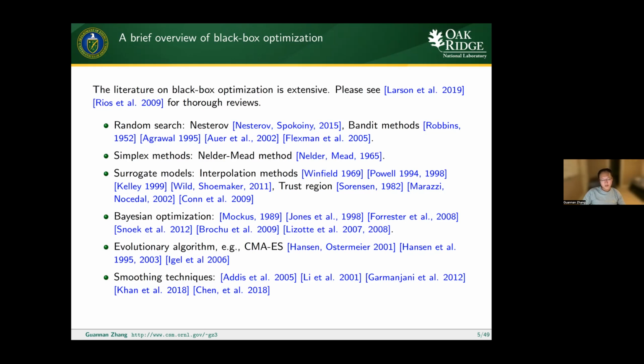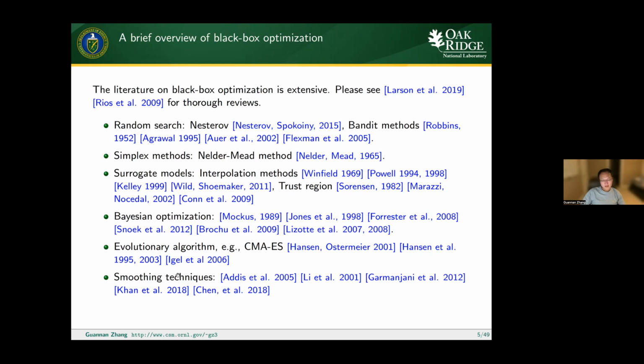Also, it is hard to parallelize the evaluation of loss functions in the context of Bayesian optimization. Then there are evolutionary algorithms, like the covariance matrix adaptation evolution strategy, and other smoothing-based techniques; they all belong to the evolutionary algorithm class.